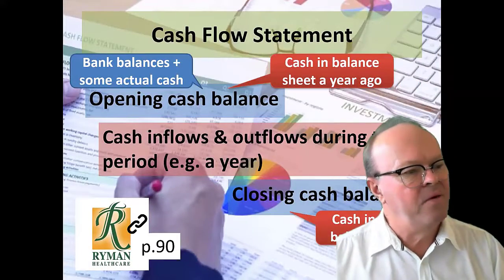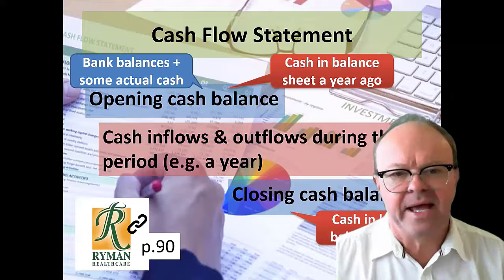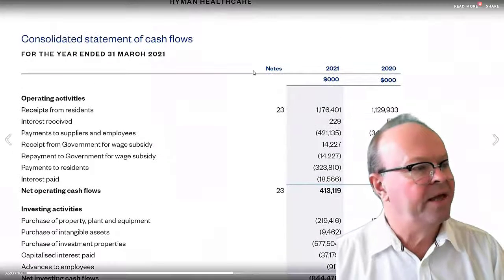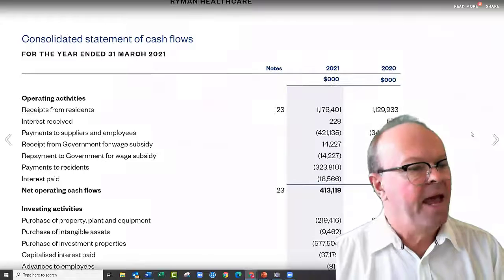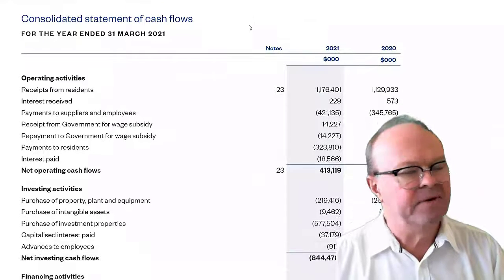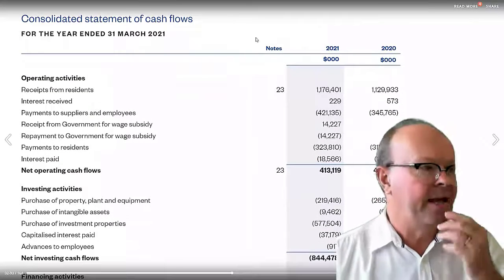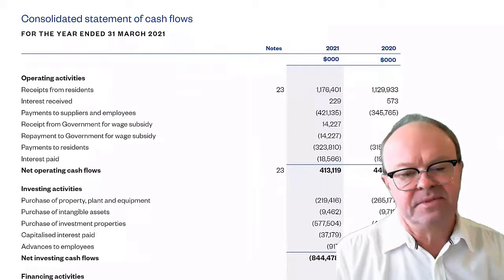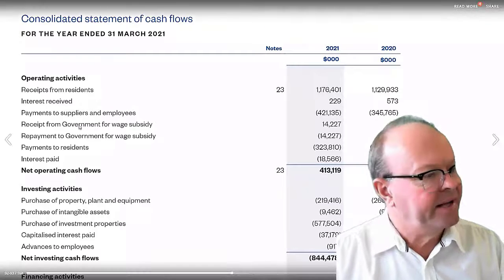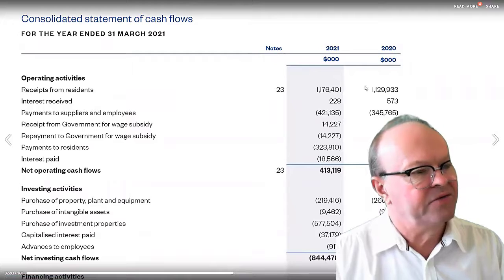Now, the other one we're going to look at is the cash flow statement. So here's Ryman Healthcare's cash flow statement. And again, you see it's the consolidated statement of cash flows. So we're looking at all of those items, and it shows the various operating activities, gives the net operating cash flows.